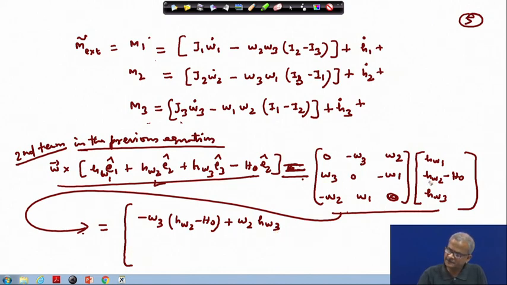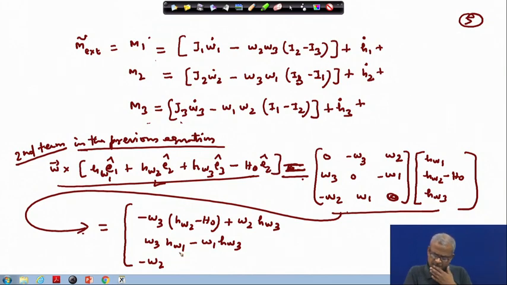The second term will be omega 3 times H w1 minus omega 1 times H w3, and then the last term will be minus omega 2 times H w1 plus omega 1 times (H w2 minus H0).